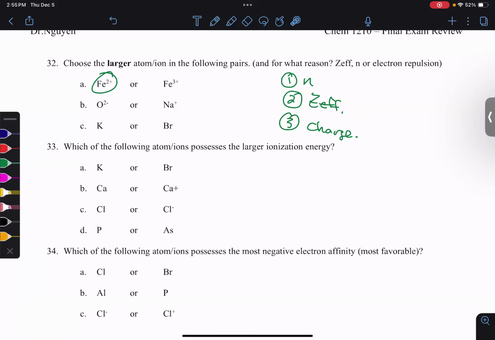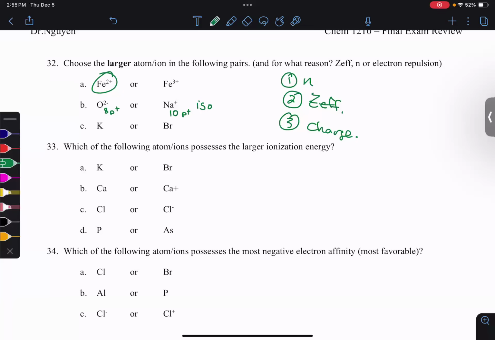All right, this one, O2 minus or Na plus. Okay, this one's tricky. So here for these two, they're special. They are isoelectronic, meaning that they have the same number of electrons. Na plus has 10 electrons, O2 minus has 10 electrons. So what we're going to look at is the number of protons. Oxygen has 8 protons. Sodium has 11 protons.